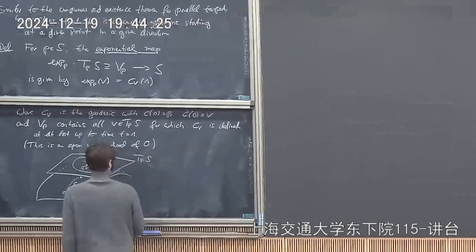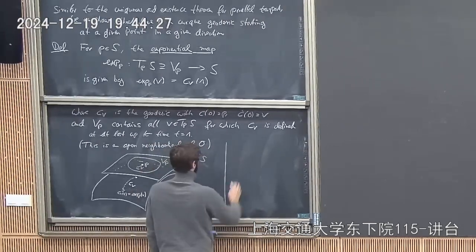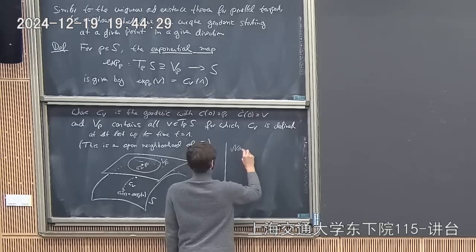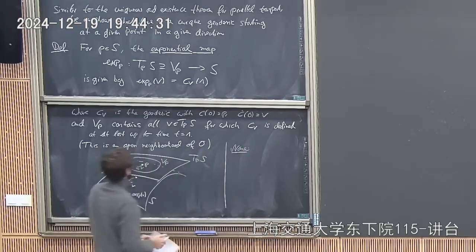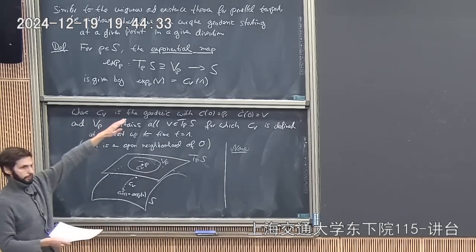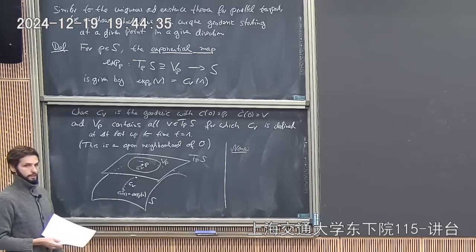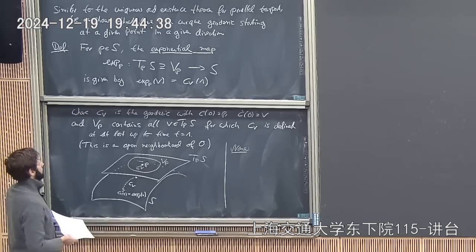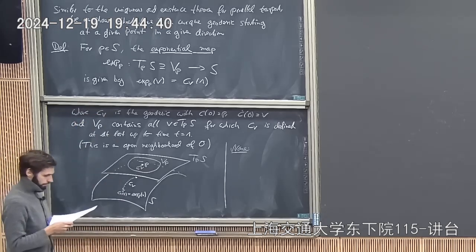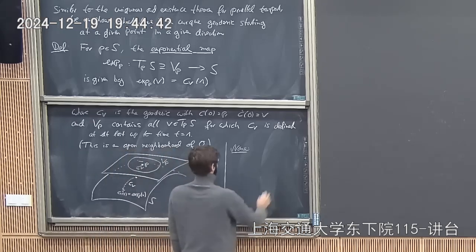And one comment for the name. You may be confused because, what is the exponential map there? It looks very strange. Why is that called an exponential map? It is the following.